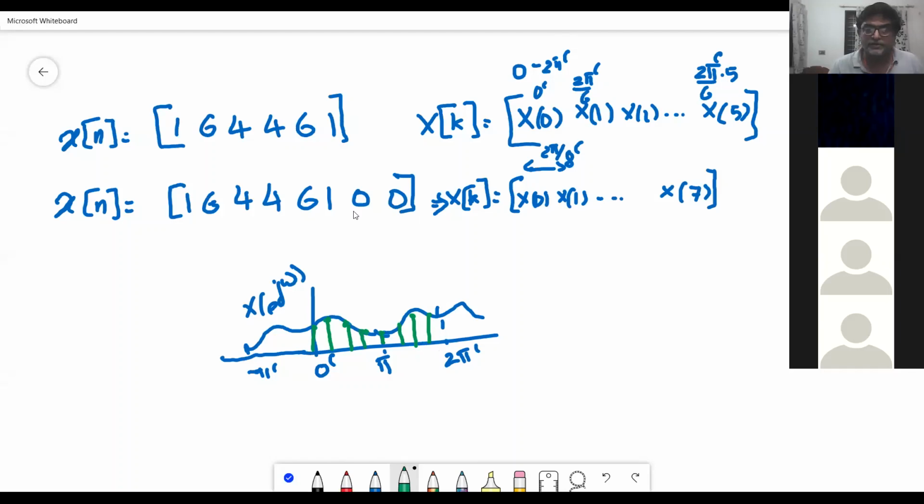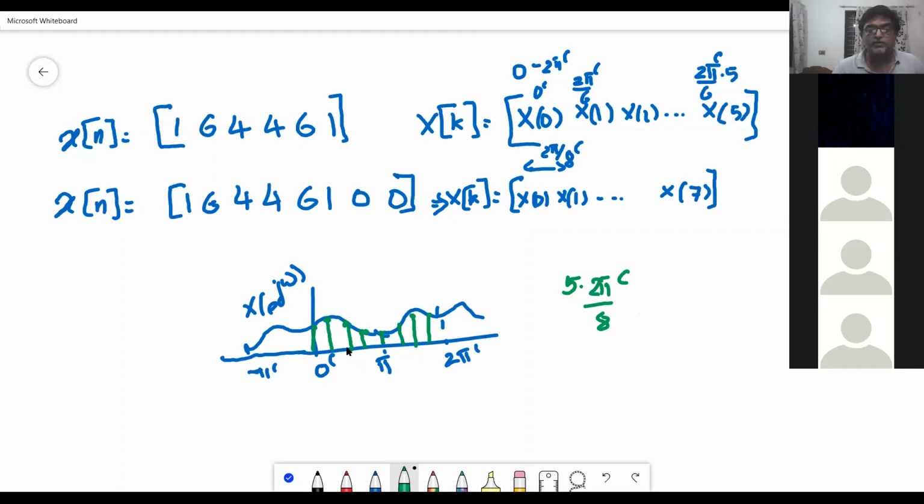Now sometimes you might be required to estimate the frequency sample at 5 into 2 pi by 8 radian. So in that case, you should have a sample at 5 into 2 pi by 8 radian.